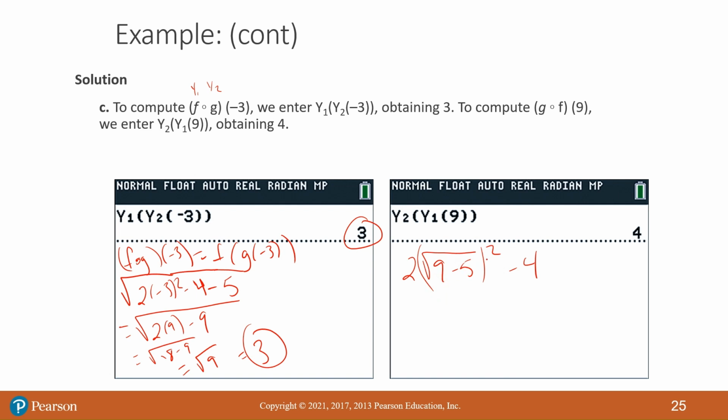Square root of 4 squared is 4. You're looking at 2 times 4 minus 4, which should give you 8 minus 4, which is 4. So you can do these by hand, or sorry, -4. Where did I mess up? No, it's +4. Sorry. That is correct. Okay. But you can do these by hand. You can use the calculator to help you compute either way.